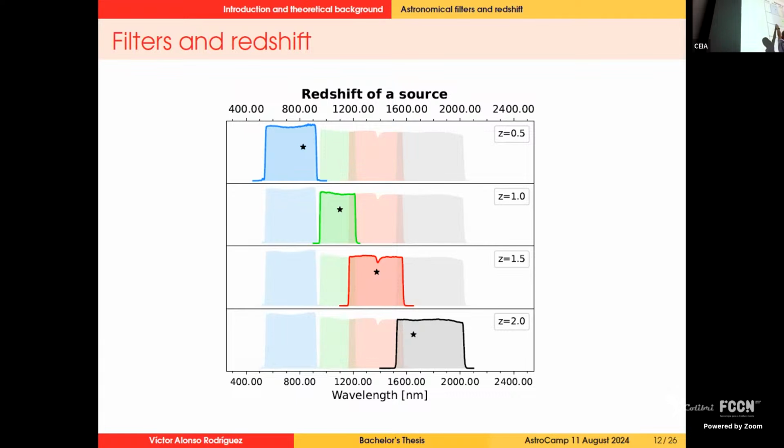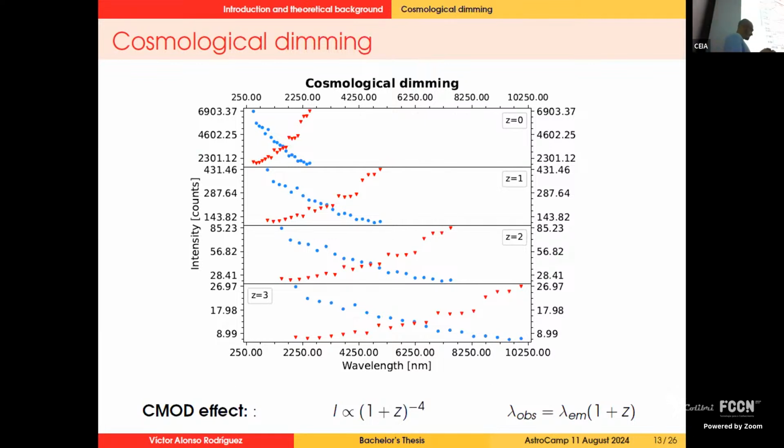So if we try to measure the star with the blue filter, we are not going to see anything because it's not emitted in this band. So we need to change the filter, progressively, as we increase the redshift. So it's very important to know that this happens because if not, you can probably see things that are not correct.